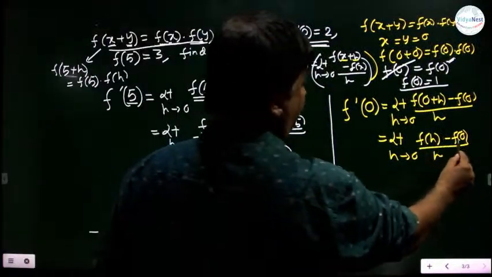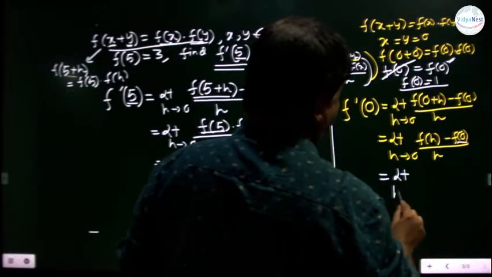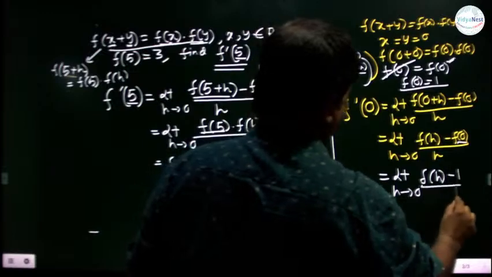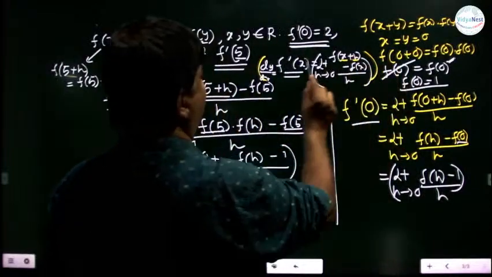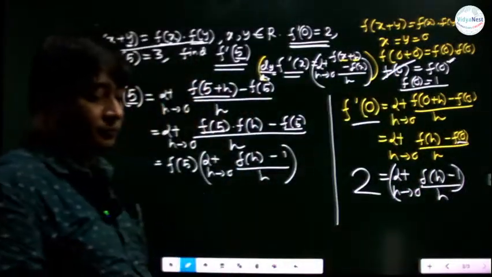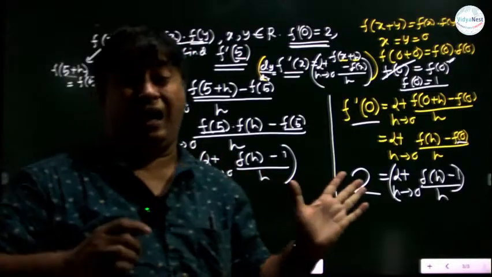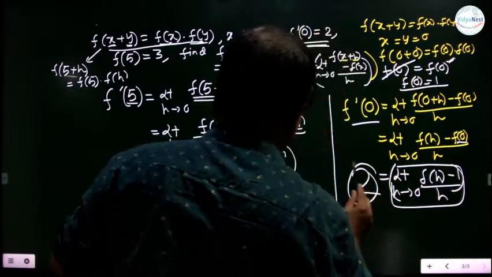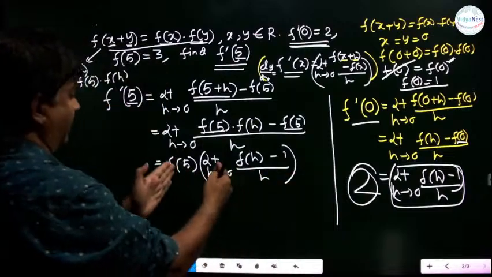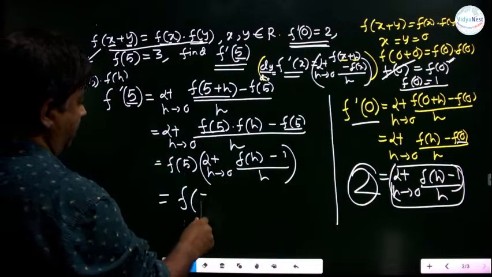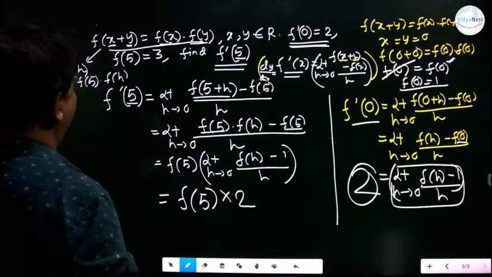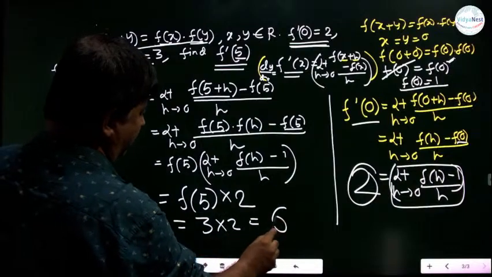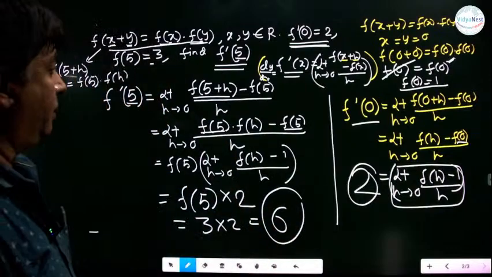So instead of that f(0), I can write f(h) minus 1 by h. And f dash 0's value in the question is given as 2. So we have got one path. Instead of this, I can put 2. So that value you drag here and put. What is f(5)? 3. Answer 6. Okay?